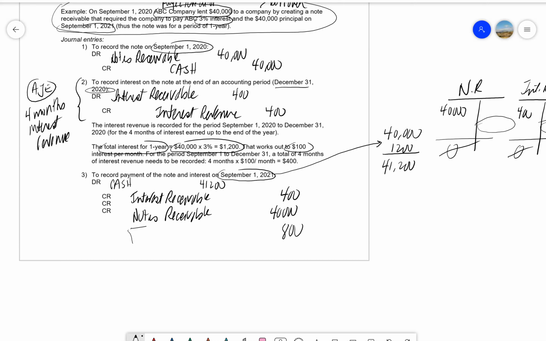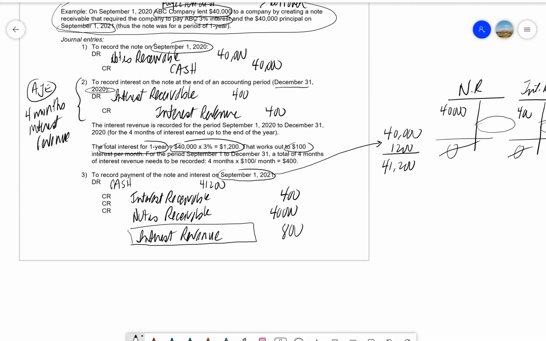What does this $800 represent? Well, if you think about it, that's the $800 of interest that we earned this month. So remember, last month we recorded 4 months of interest. So this month we're going to record the remaining 8 months of interest. So that would be the final journal entry when we actually collect the note plus the interest.